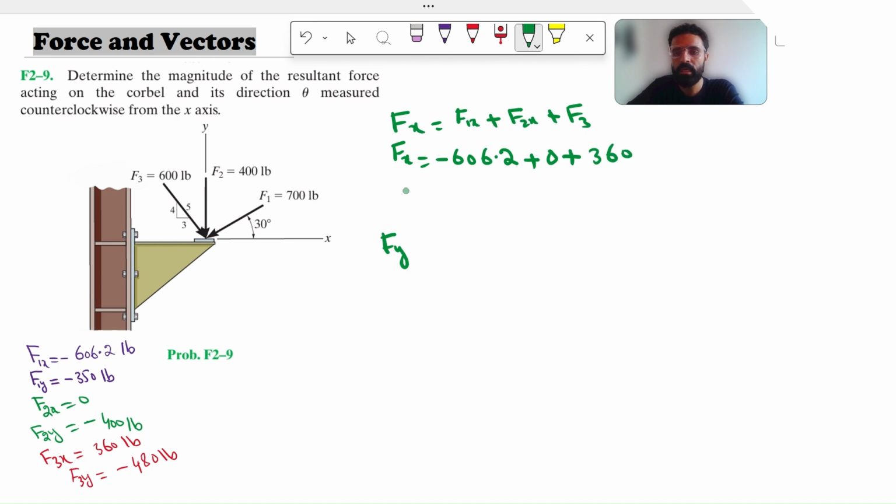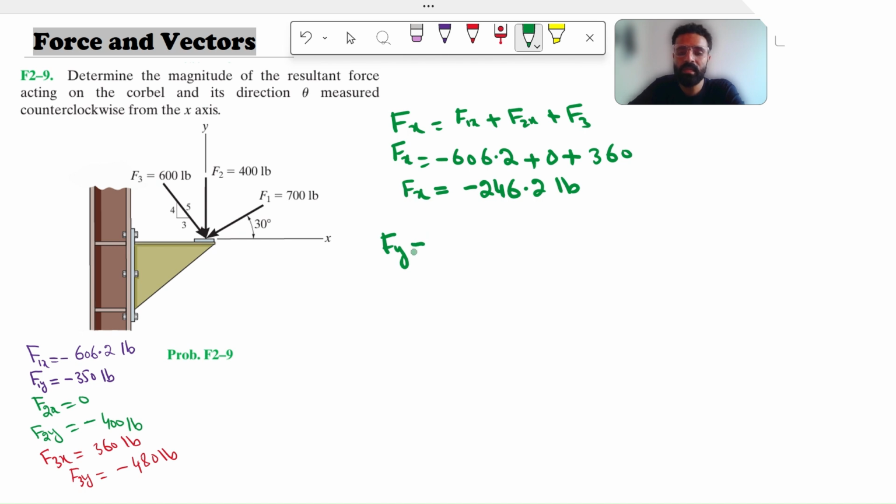So I will be adding all these to get the resultant horizontal component. So its value will be minus 246.2 pound. So this is the resultant horizontal force of all these three forces.